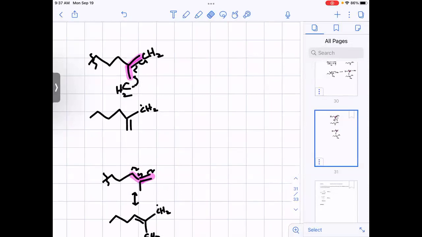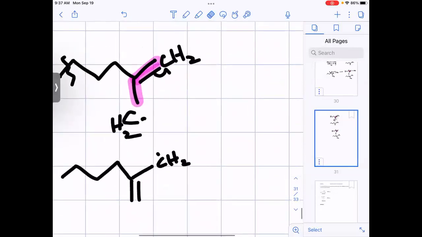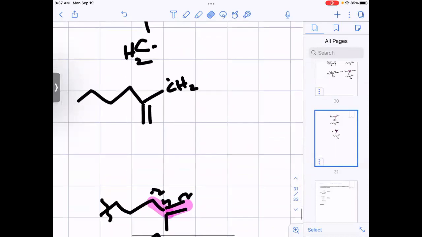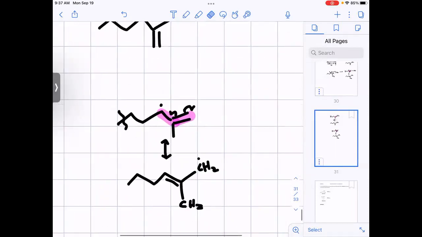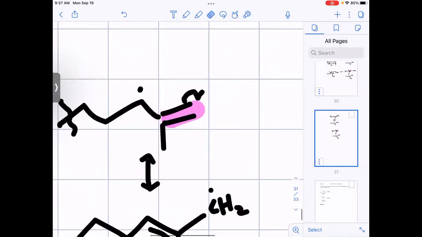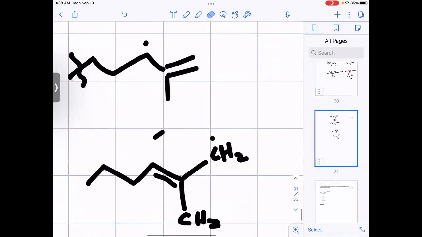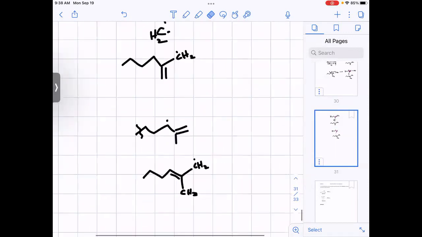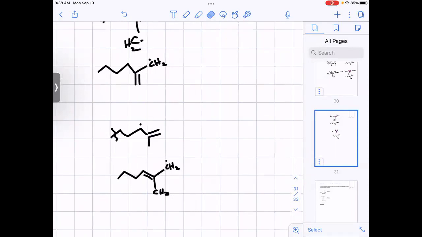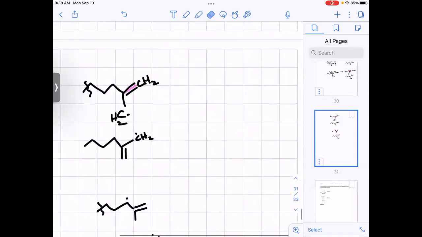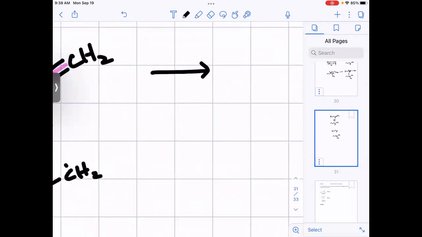So in termination, each one of these is going to react with a bromine.